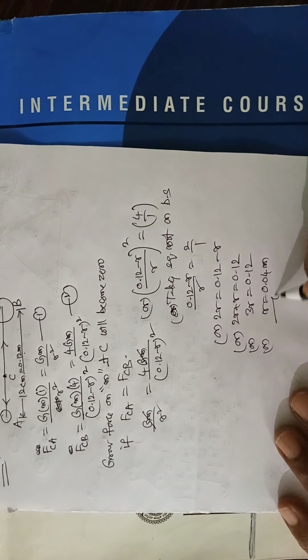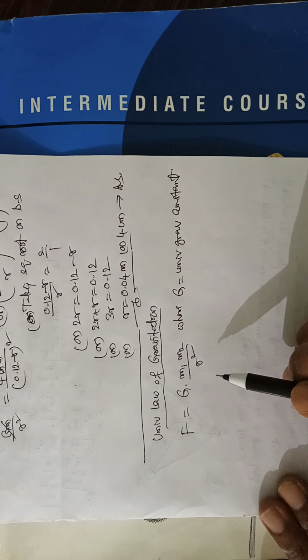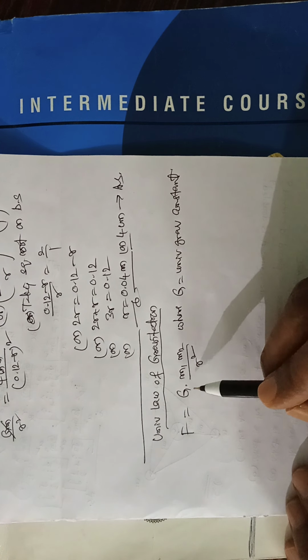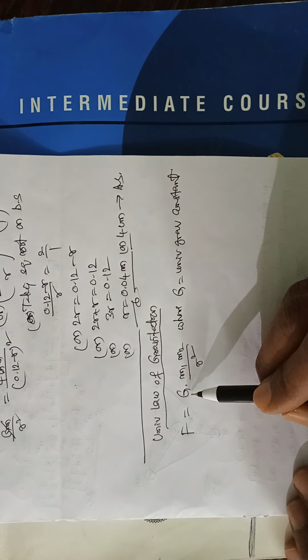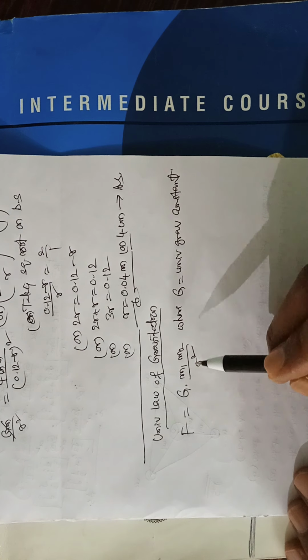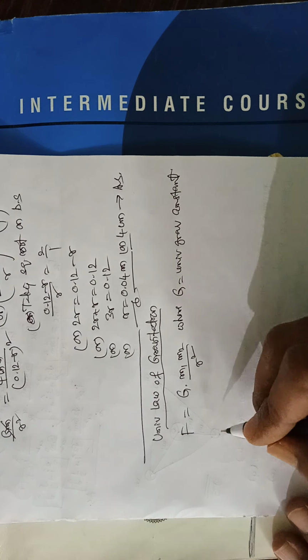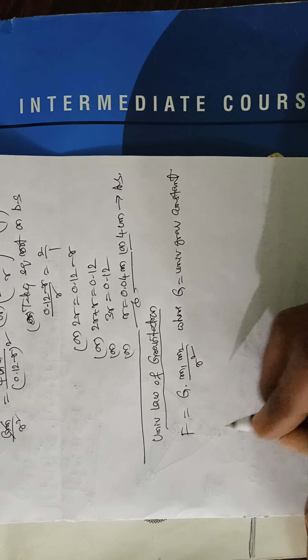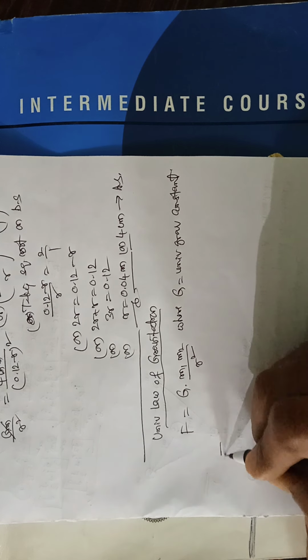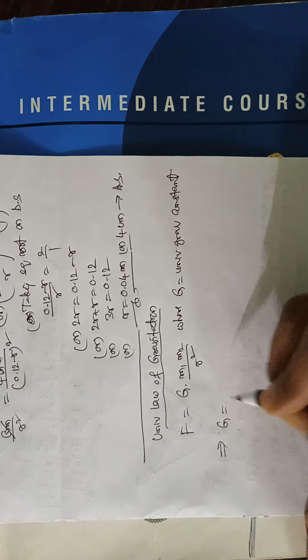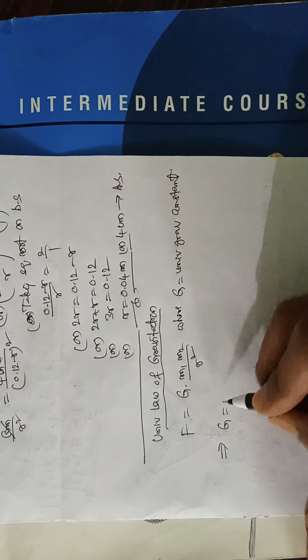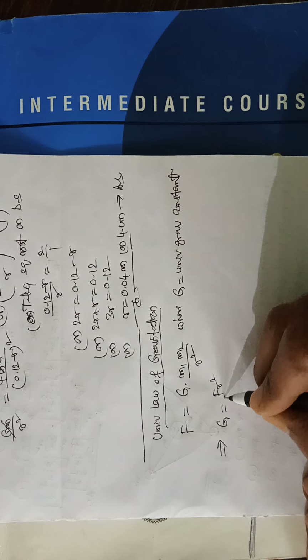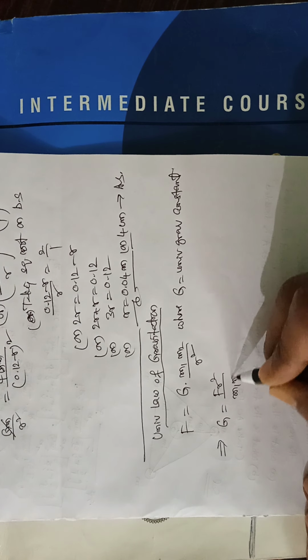Universal law of gravitation given by Newton is F is equal to G m1 m2 by r square. If the SI units for G is asked, how can you find it using dimensional analysis? G is equal to F r square by m1 m2.